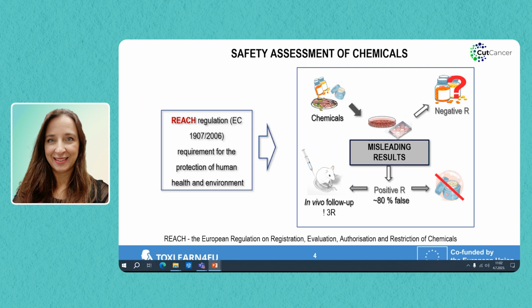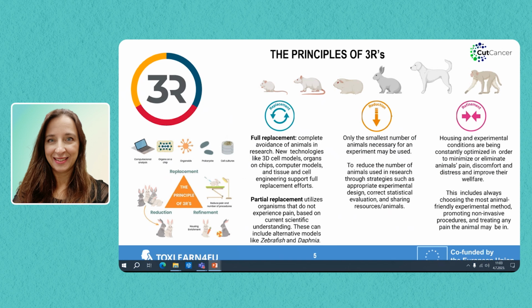And due to this, many compounds that are developed are banned from development, or the in vivo follow-up is done. But because these results are, as I said, misleading, many animals are killed unnecessarily, which is not in compliance with the 3R. So what is actually 3R?